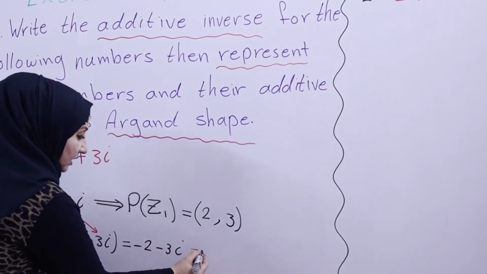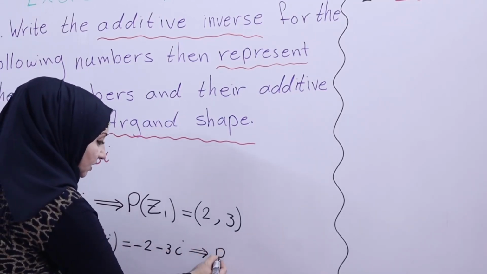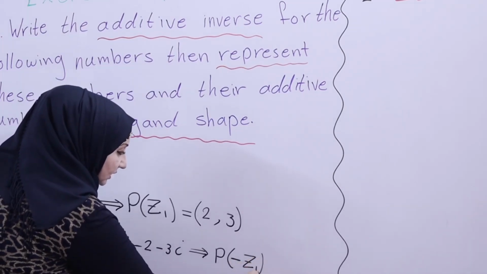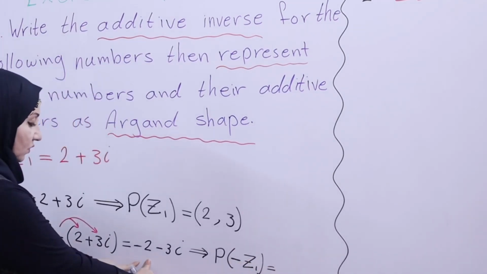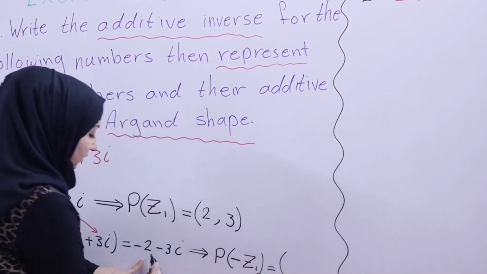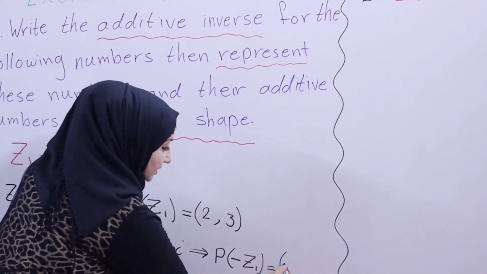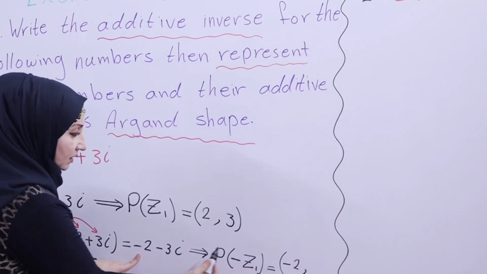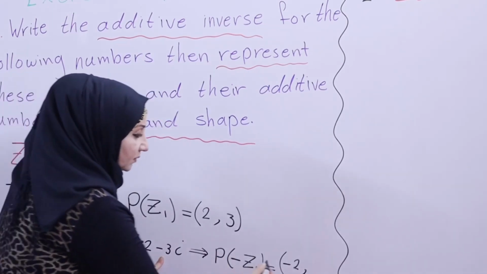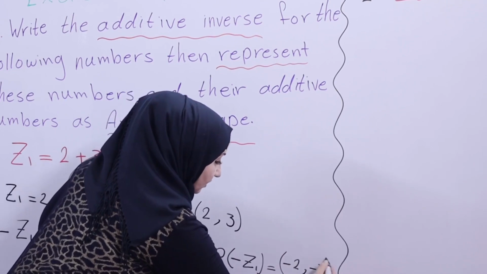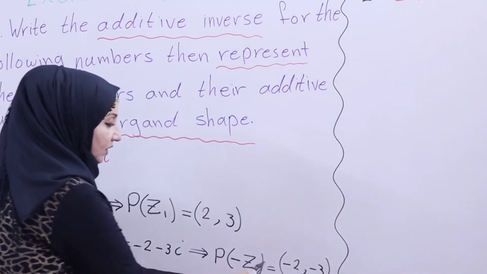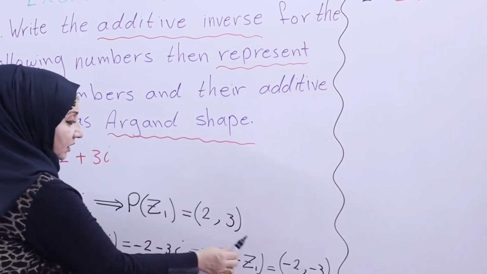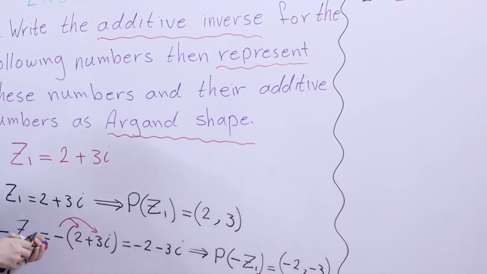So that means we can find the point which represents the additive inverse for Z1, and it will be, so the x coordinate will be the real part which is negative 2, and the imaginary part will be the y coordinate. So we write it as order pair, and now we can represent them in the coordinate plane.